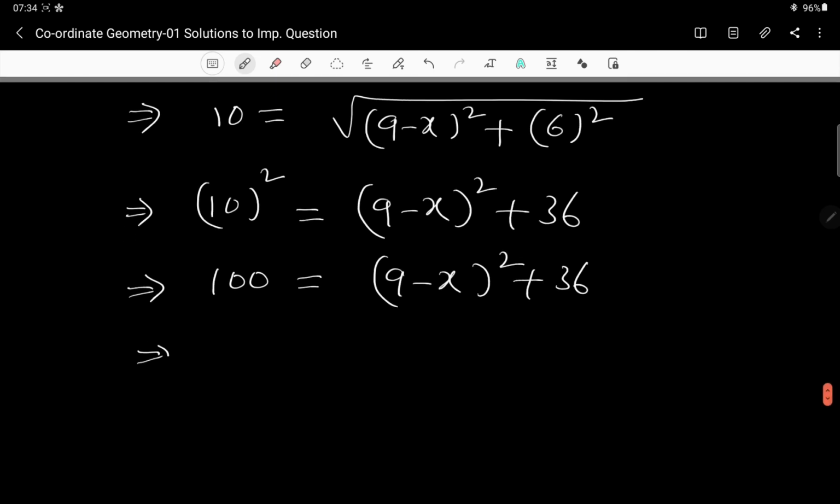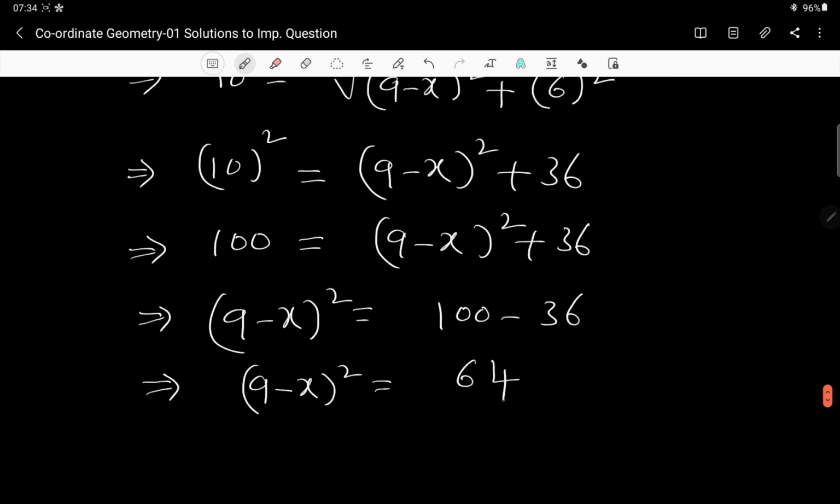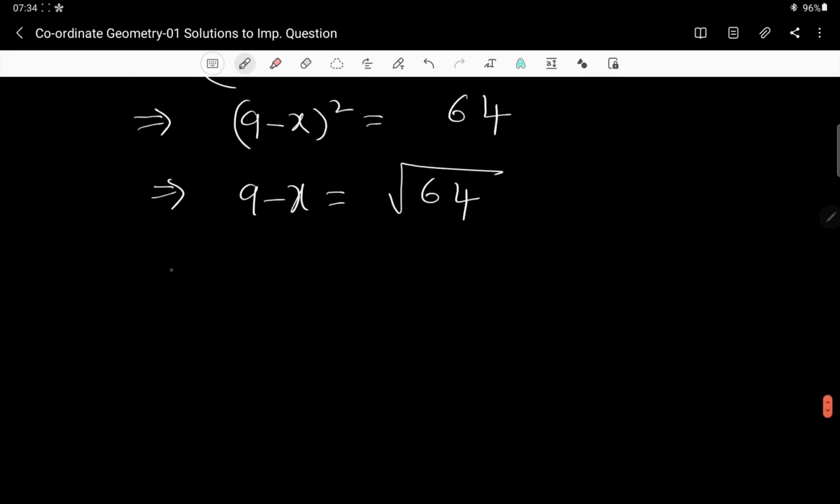So afterwards, 9 minus x whole square is equal to 100 minus 36, which is 64. 10 minus 6 is 4, 1 is the carry, 10 minus 4 is 6. So 9 minus x is equal to under root 64, which means plus or minus 8.